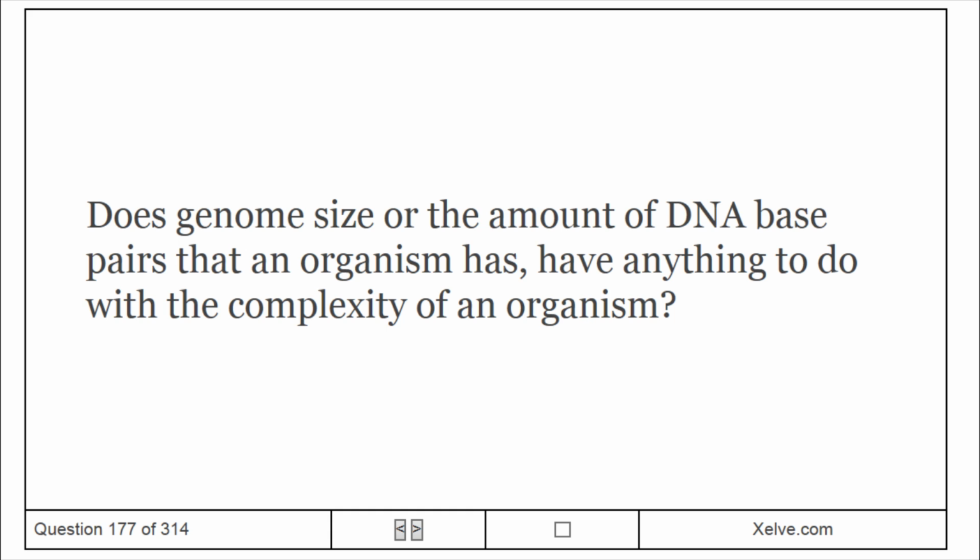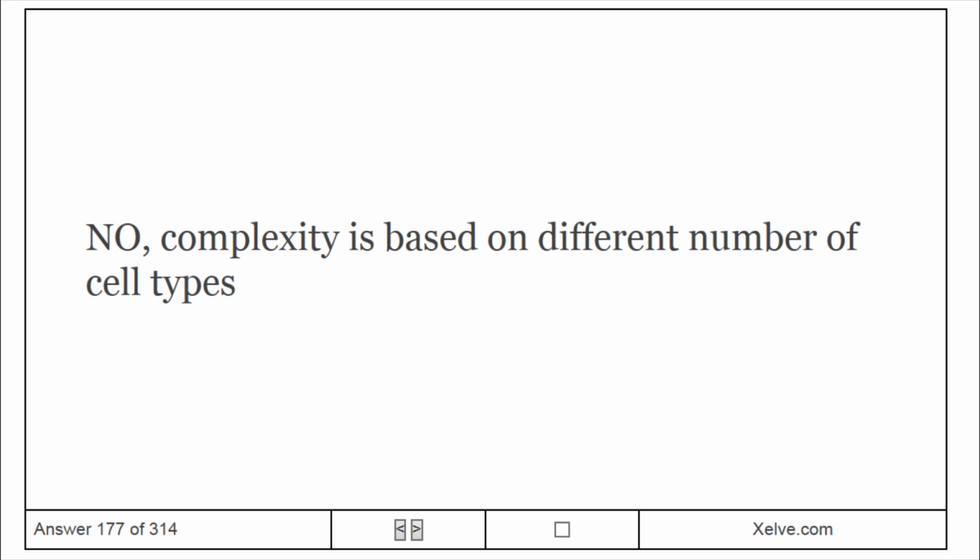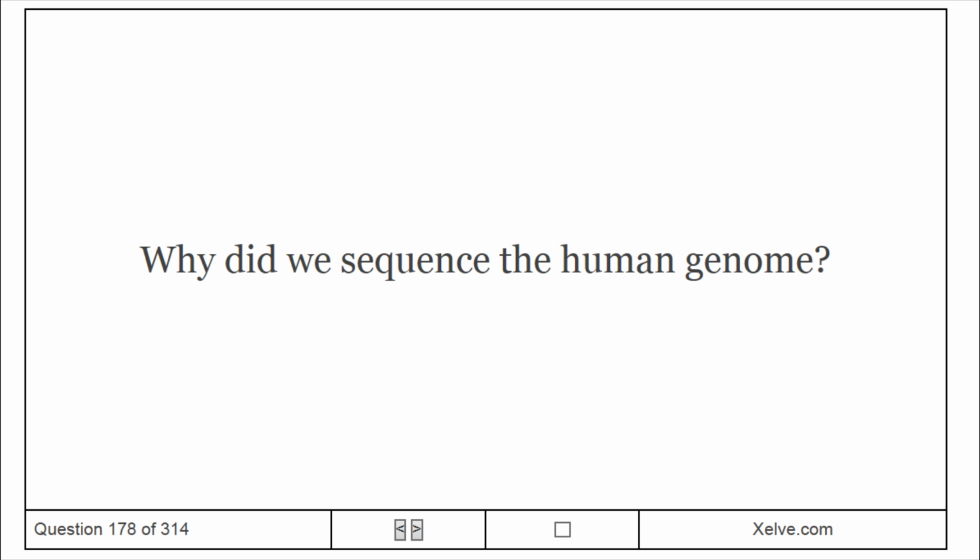Does genome size, or the amount of DNA base pairs that an organism has, have anything to do with the complexity of an organism? No, complexity is based on the number of different cell types. Why did we sequence the human genome?